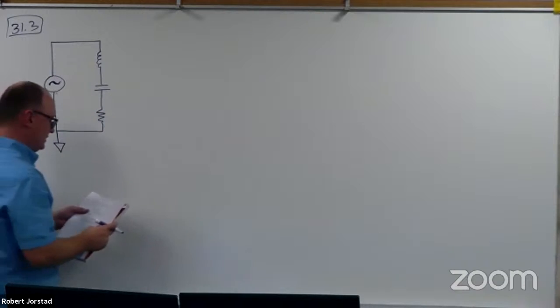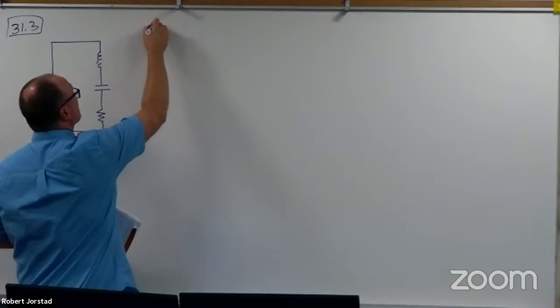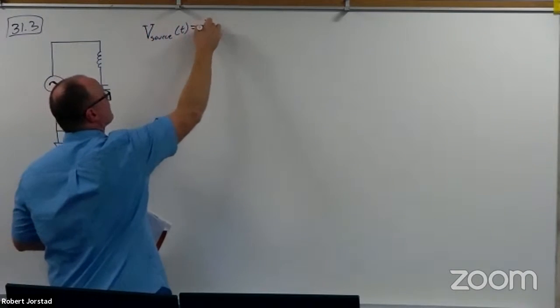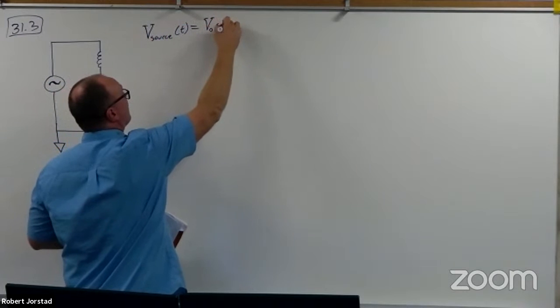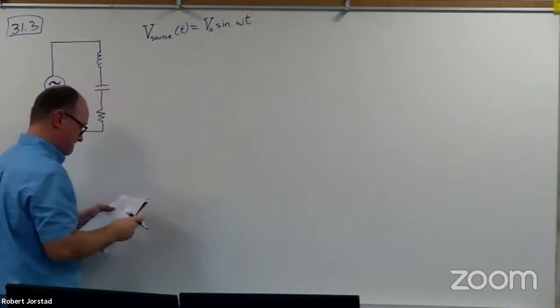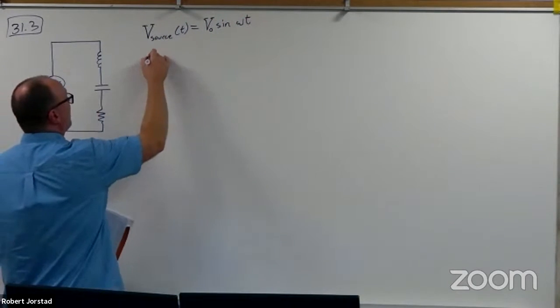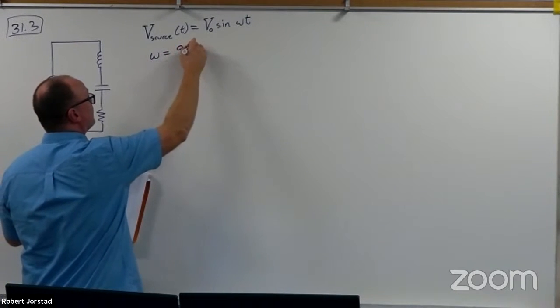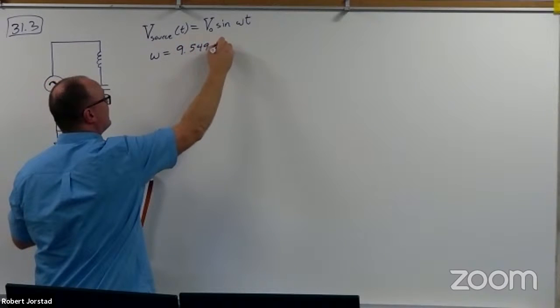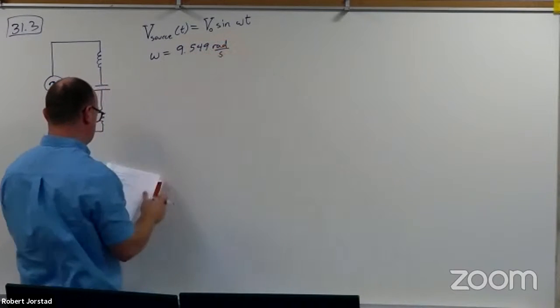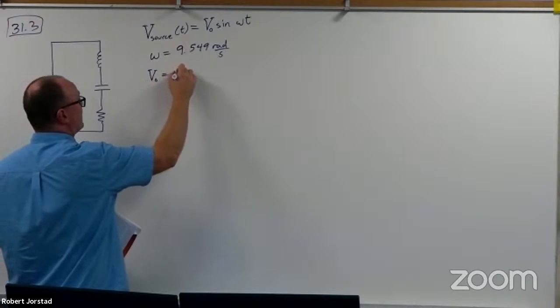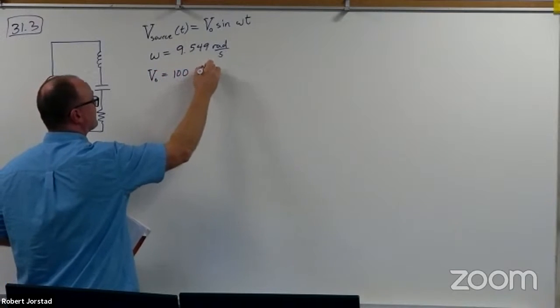Okay, we're told V source as a function of time is V naught sine omega t, where omega is 9.549 radians per second. And we know V naught is equal to 100 volts.